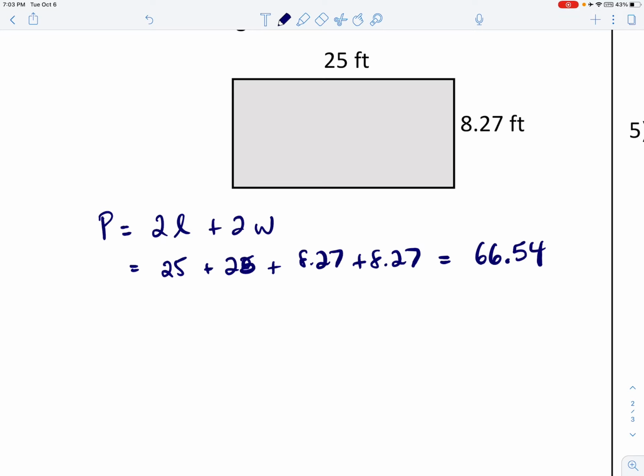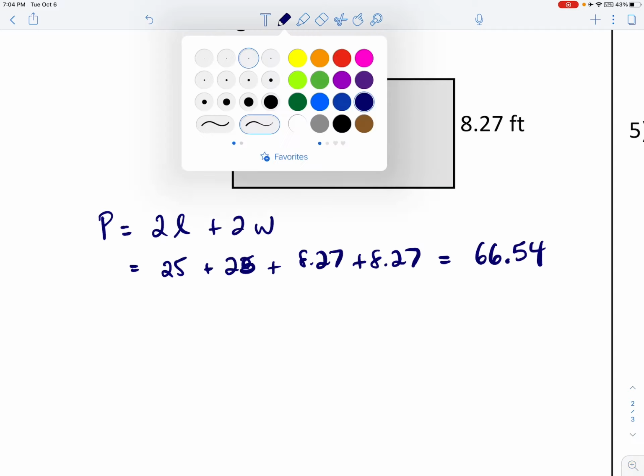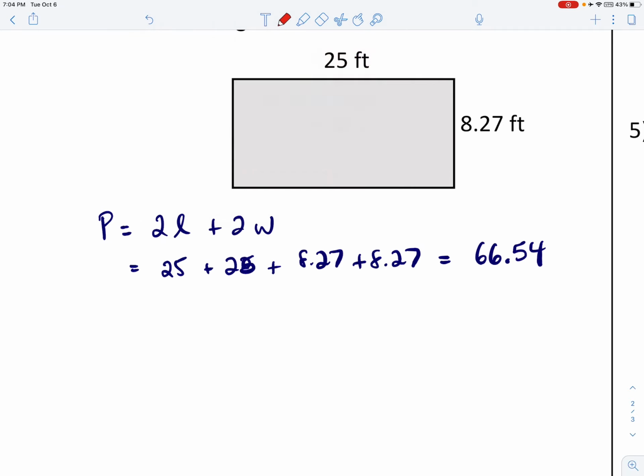Now, the rule for adding or subtracting is to round off the answer based on the fewest number of decimal places that were in the measurements. So when we look at the numbers that were being added together, the 8.27s both had 2 decimal places, while the 25s have no decimal places. Since these have no decimal places and these have 2 decimal places, we need to round off the answer so it has no decimal places.